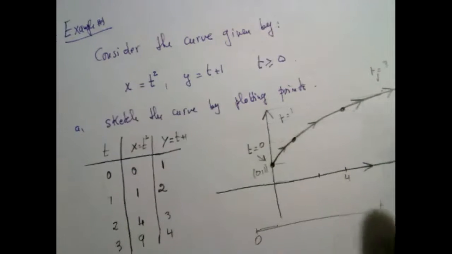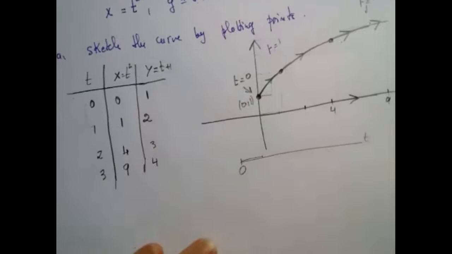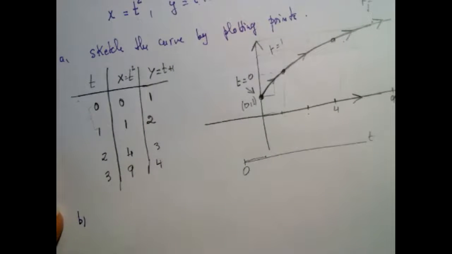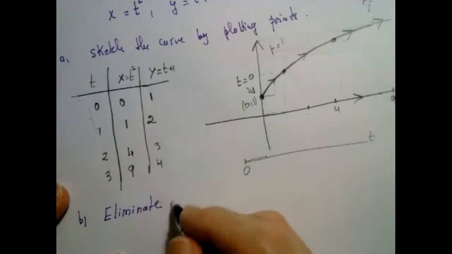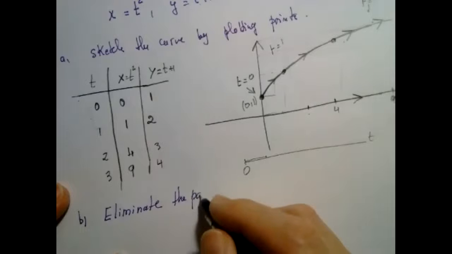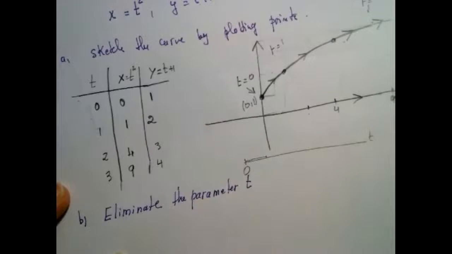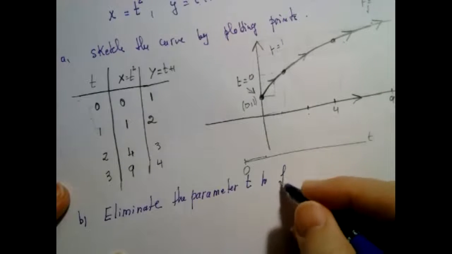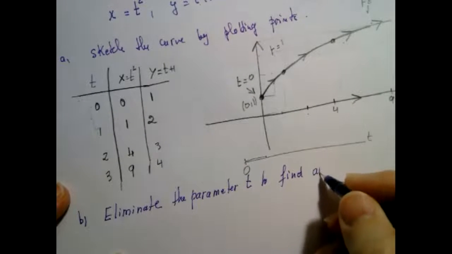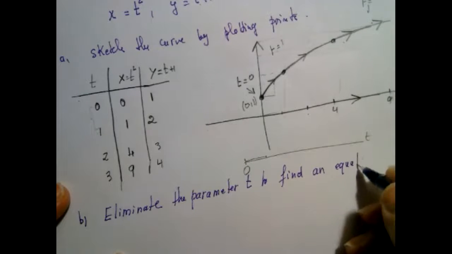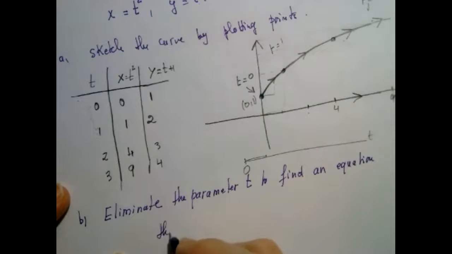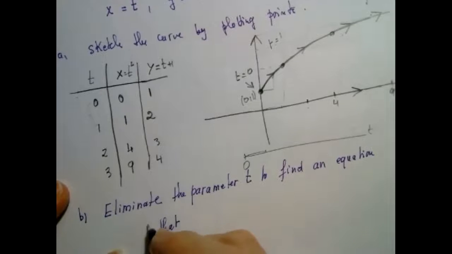Now question number B is the following. Eliminate the parameter t to find an equation that relates x and y.